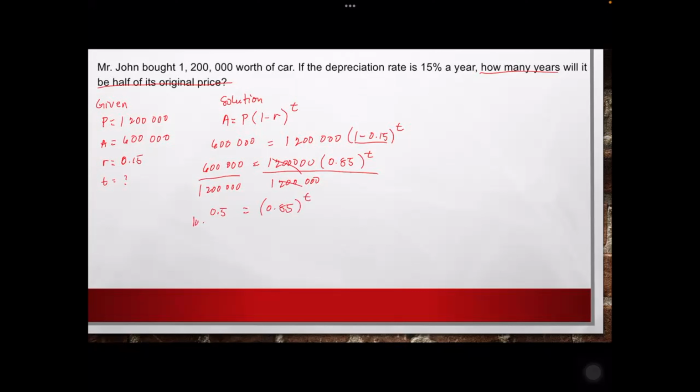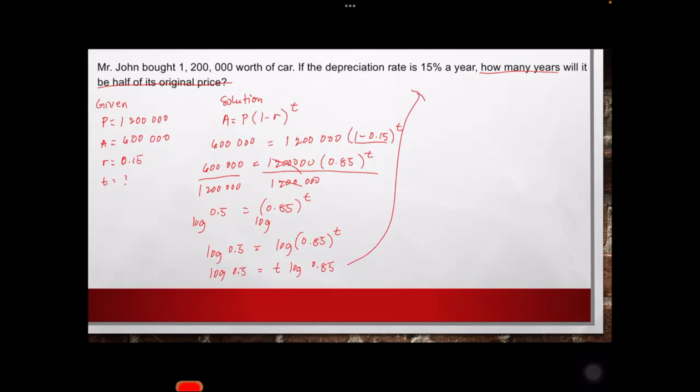And apply natin siya ng log and log. So, magkakaroon tayo ng log 0.5 is equal to log 0.85 raised to T. Then, apply natin siya ng power property. So, magkakaroon tayo dito ng log 0.5 is equal to T log 0.85.